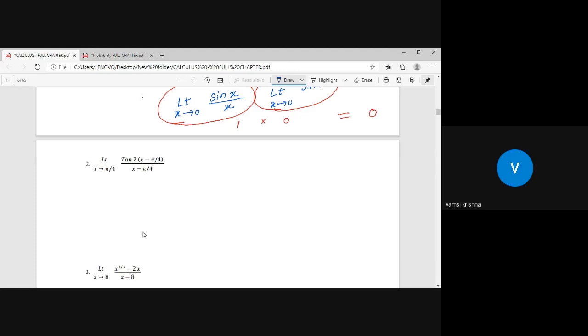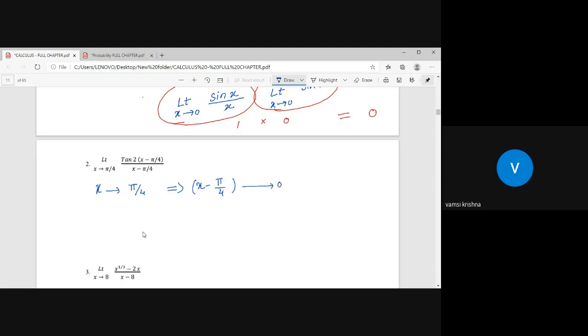What we have here: x tends to pi by 4 implies that x minus pi by 4 tends to 0.